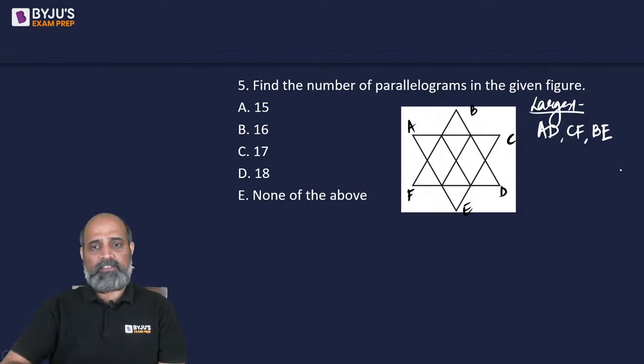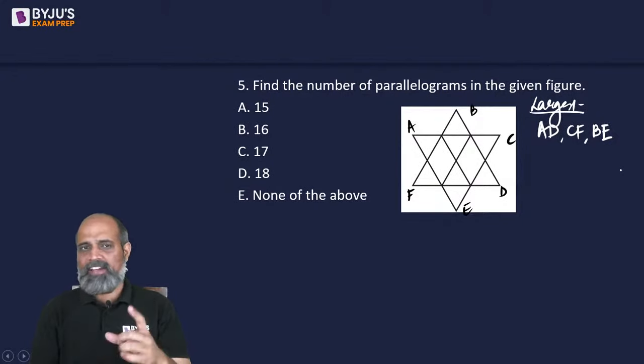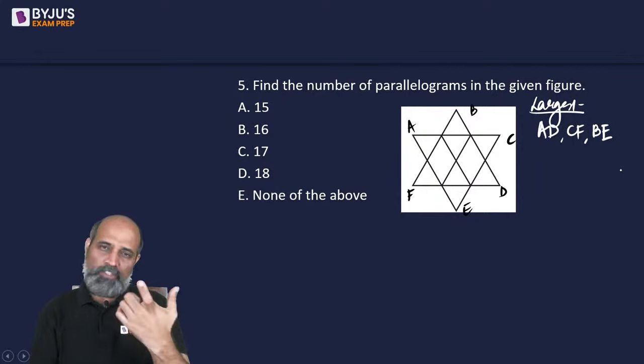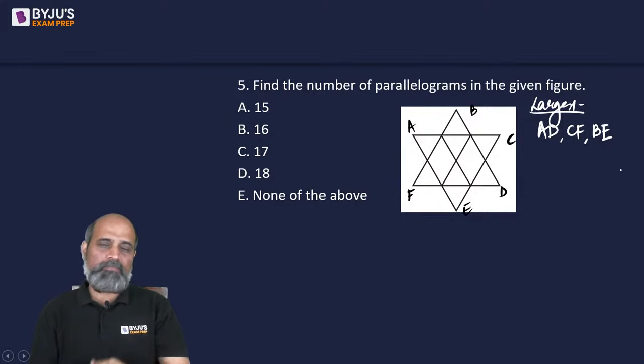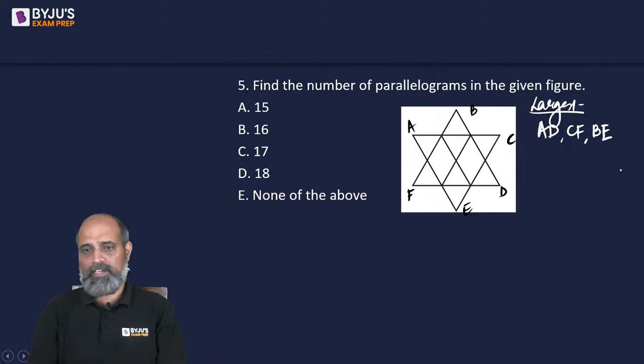BE is the diagonal. Do we have any more? Obviously no. We have 6 vertices, and for every pair of opposite vertex you get one diagonal, right? And each diagonal will result in a parallelogram. Largest one, क्योंकि आपने सबसे बड़ा वाला diagonal लिया तो सबसे बड़ा parallelogram मिलेगा.